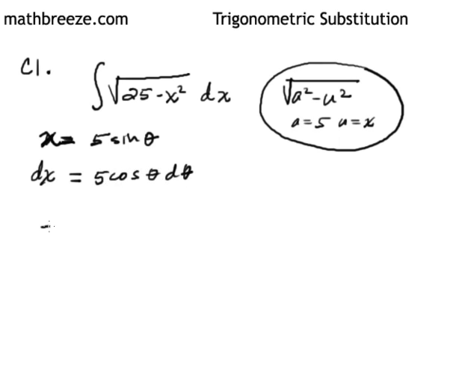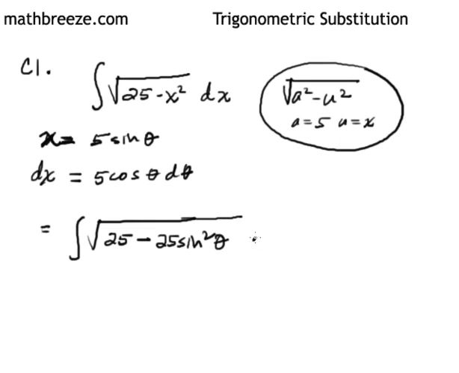So we substitute directly. Here we have 25 minus x squared, that's 25 sine squared theta. And for dx, we put 5 cos theta. Okay, let's just factor out the 25 here.